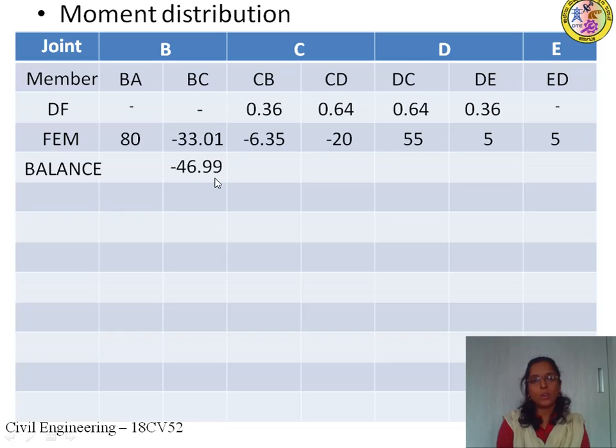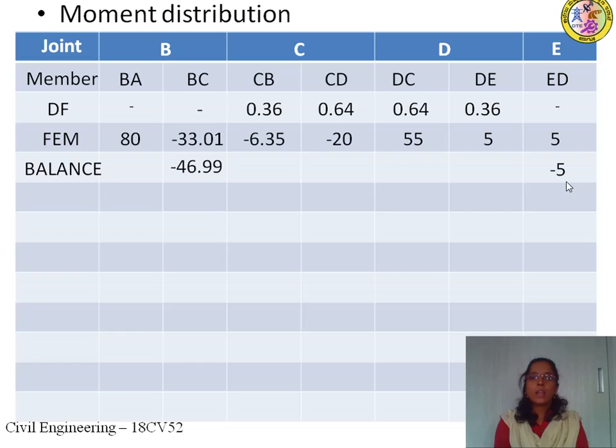Okay, next at E, because it's a simple end, we know that the final bending moment at end E will be 0 because it's a simply supported end. So to make it 0 we have to balance it by applying a moment of minus 5.